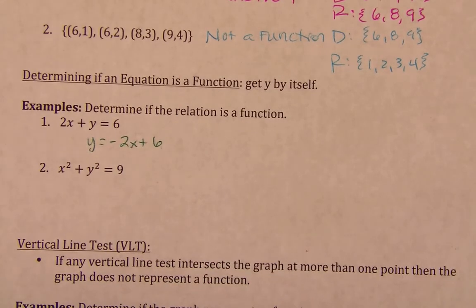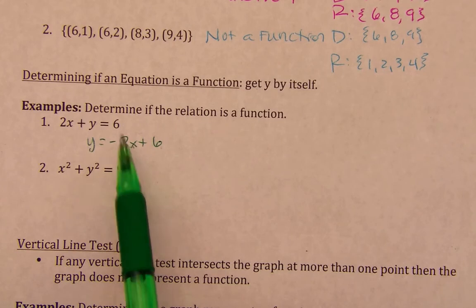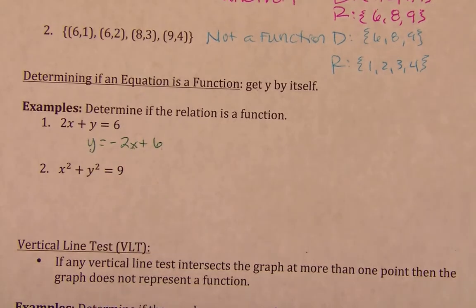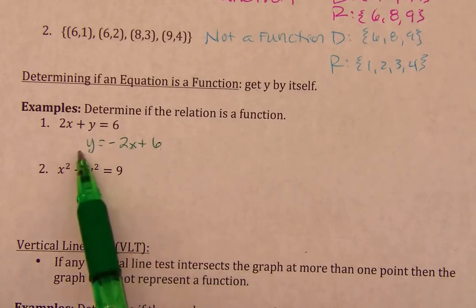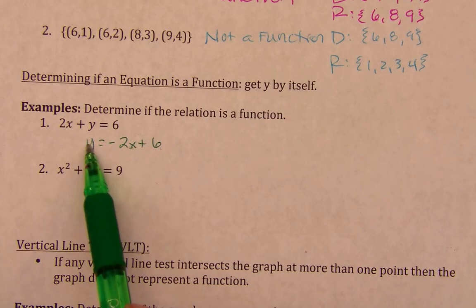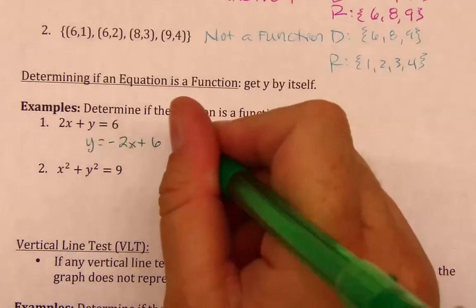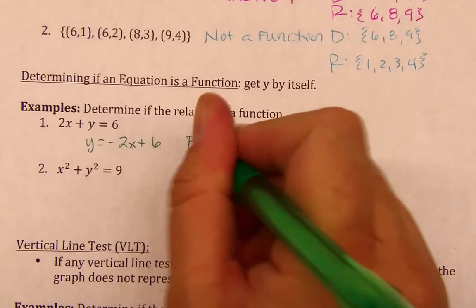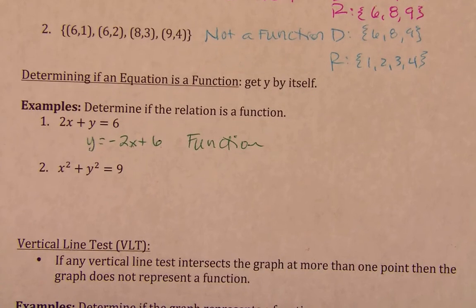And for this first example, the answer is no. There's no x value I can plug in here and get multiple y values. For example, if I plug in 1, then I have negative 2 times 1 is negative 2, plus 6 is 4. It's not like I'm getting 4 and negative 4. So let's just state real quick that it is a function. And then let's look at the next one.